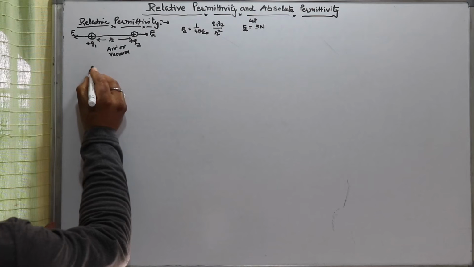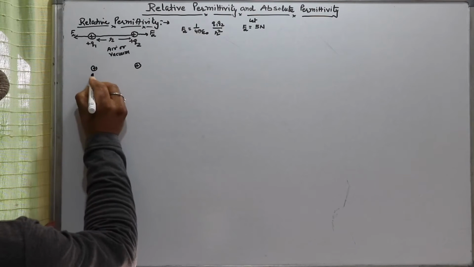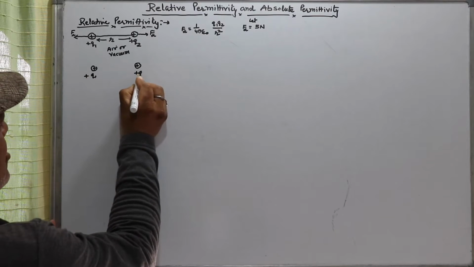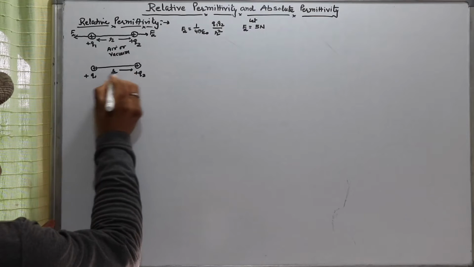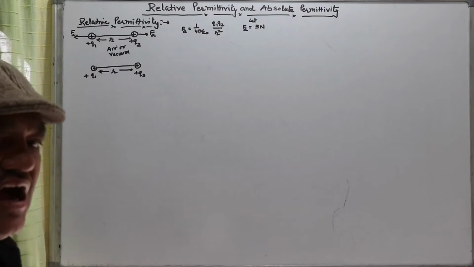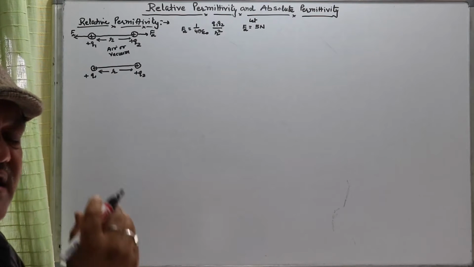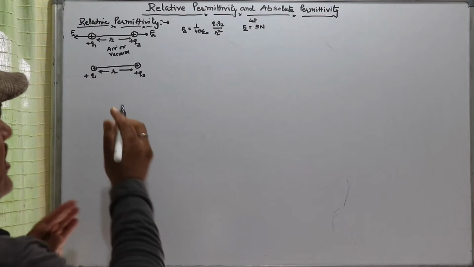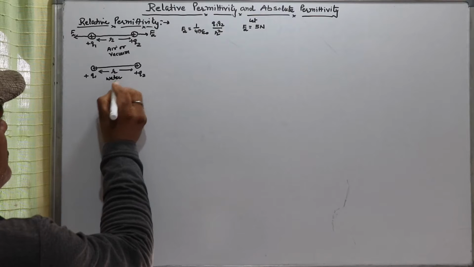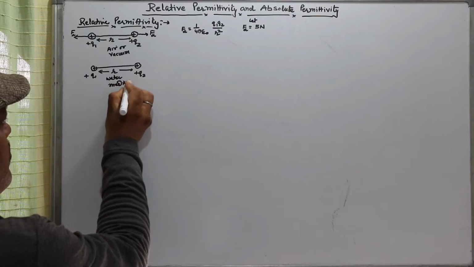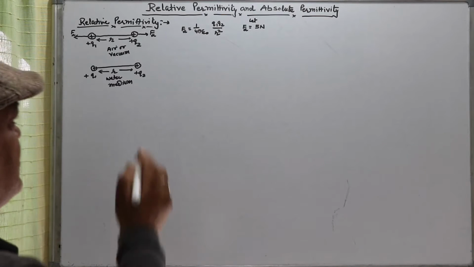So the situation is: this is positive Q1, this is positive Q2, and the distance between their centers is R. Both these point charges are placed at the same distance, but in a different medium. Let this medium be water. Again they are similar, so they repel each other.